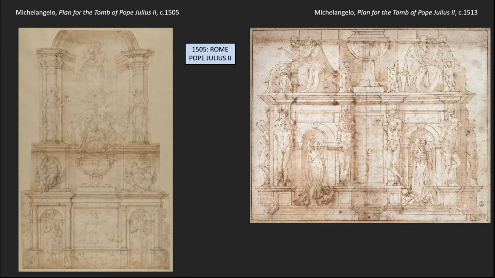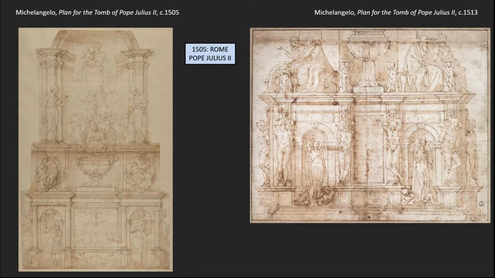Julius is rebuilding Rome. He wants to leave his mark on the city. And he's arguably the most important figure in the Italian High Renaissance, because he gives Michelangelo great things to do. He's got a number of projects he's working on about redesigning Rome, some of which are unthinkably huge.